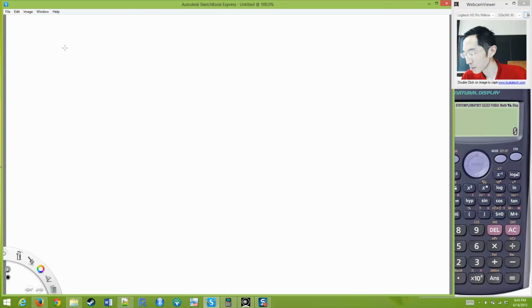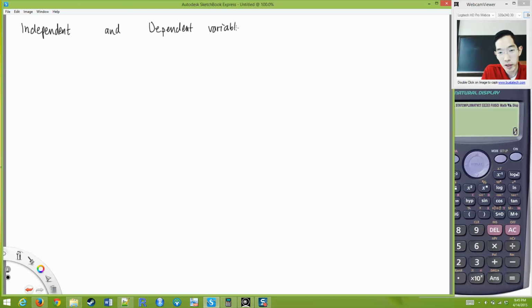All right, let's keep going. We've talked about the interpretation of the slope. Maybe just one important thing: let's talk about the independent and dependent variables. Sometimes in the description of a problem, it's not clear what they are. The independent variable is the variable that we use to make a prediction.